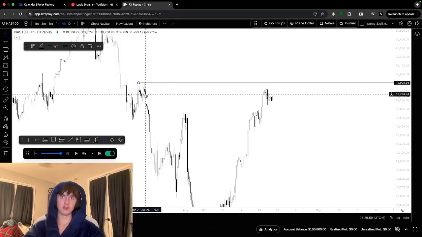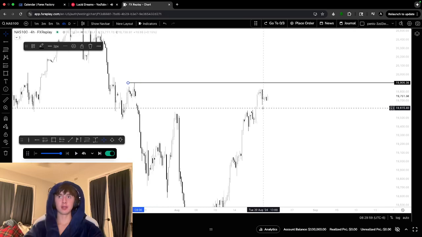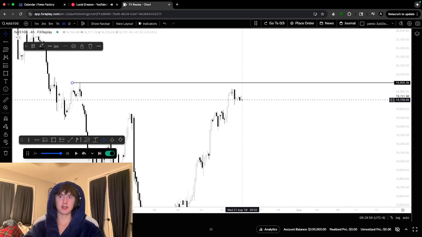I see that we just filled this gap right here. Then we came back down, tapped in this 4-hour gap, and we're showing signs of consolidation.